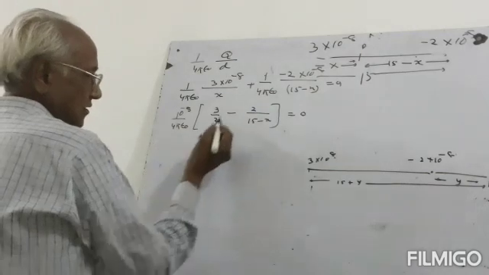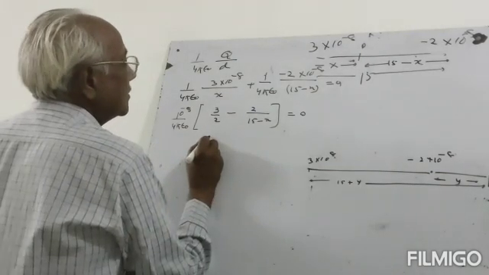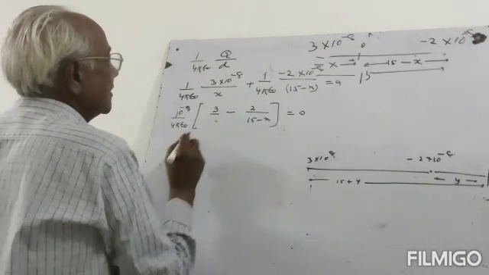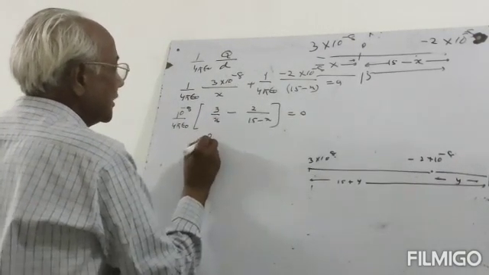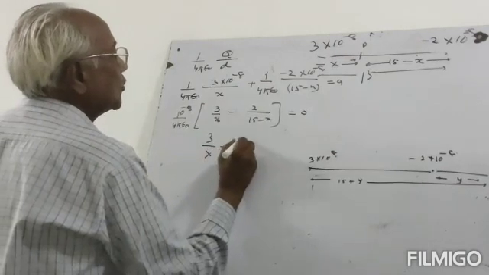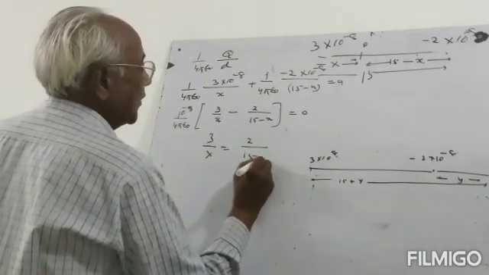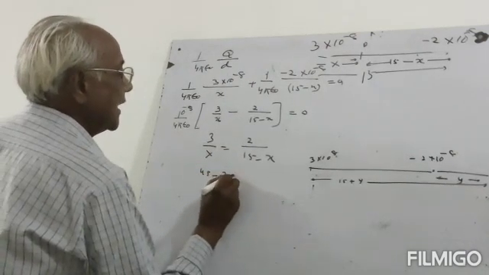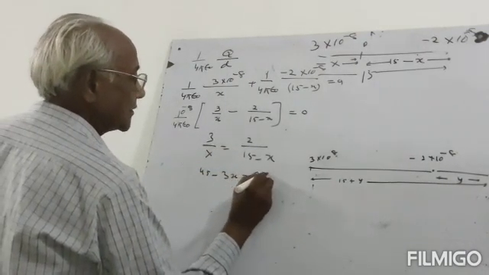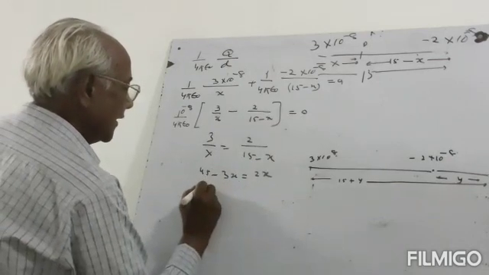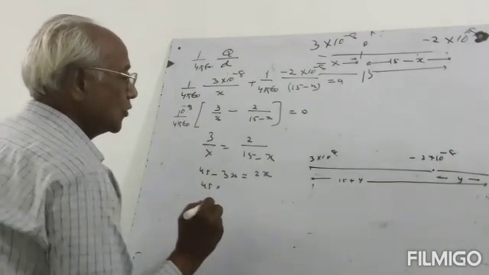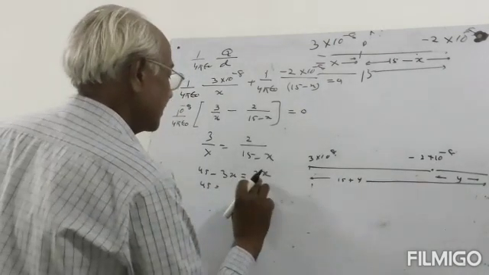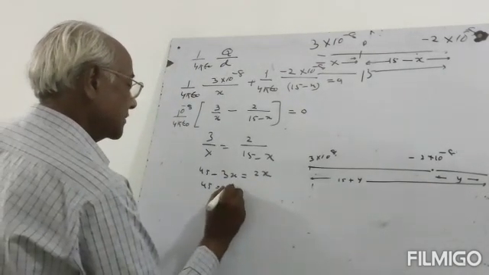So 3/x will be equal to 2/(15 - x). We solve it. Then 45 - 3x will be equal to 2x. Put it on that side, then 45 is equal to 5x.